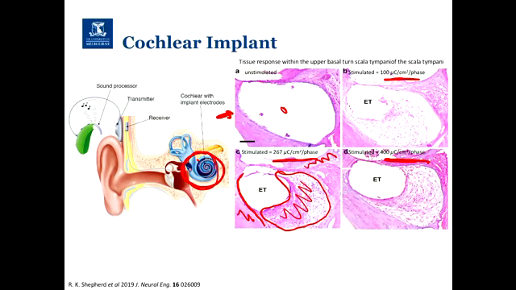Probably it's a lot of collagen. Has it come from stromal cells? Has it come from immune cells? We don't know. But there is something going on when you stimulate at that level, or even at 100, you're getting some sort of fibrous tissue response.